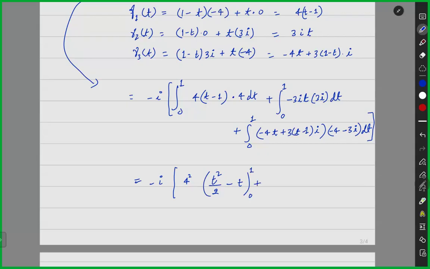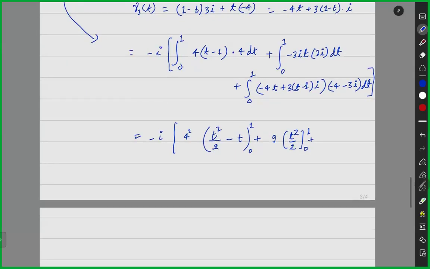Now here we have 3 into 3, 9, i into i, minus 1. So minus 1 gets cancelled. We have just 9 outside. Inside we have t. So that t becomes t square by 2. And the integral is from 0 to 1. Plus, now this part. So, okay, we can solve it further. Minus 4 minus 3i is outside because it is constant.